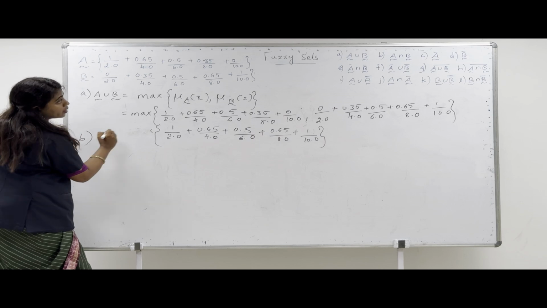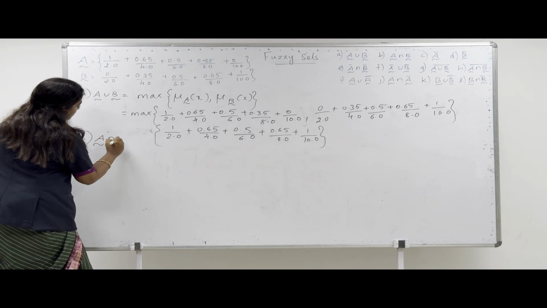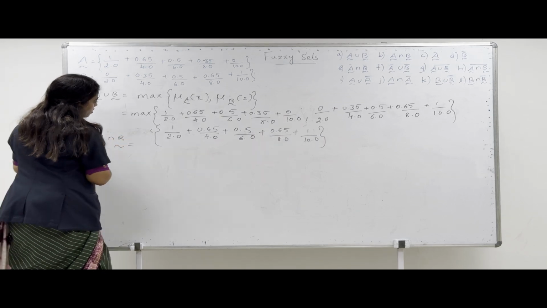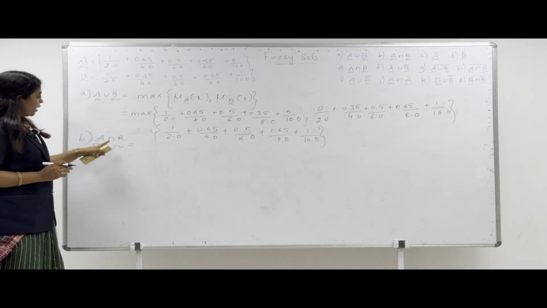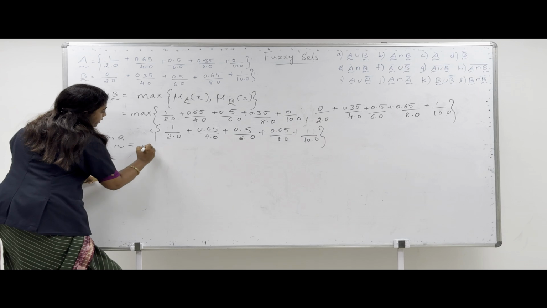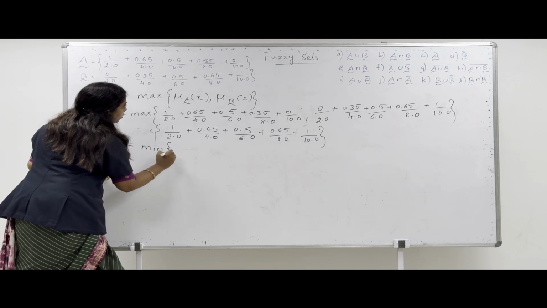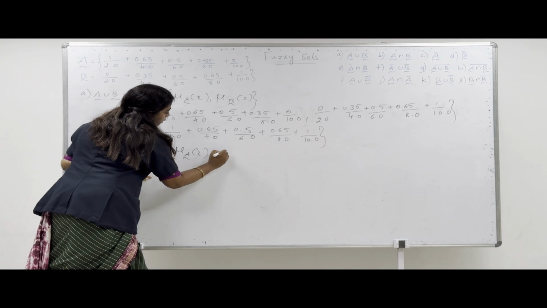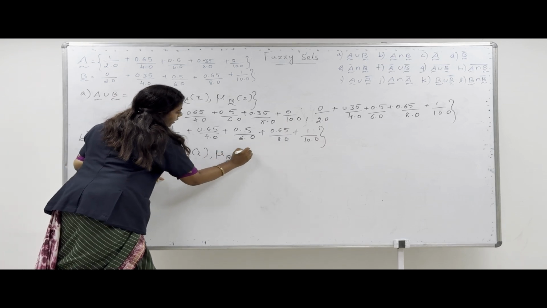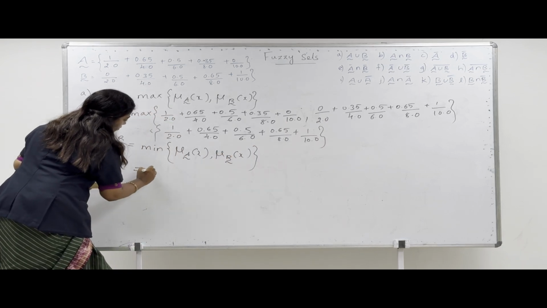Second one, A intersection B. The formula is: for union we have taken max, and for intersection we have to take min, the minimum of membership A of x comma membership B of x.